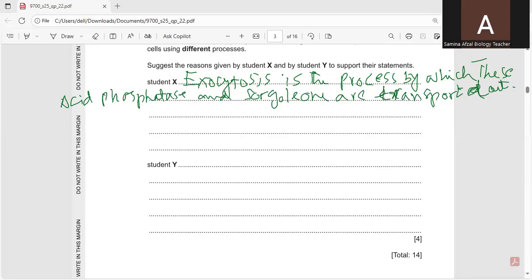The lipid, complexed with the protein, is packed into vesicles at the Golgi body. Both of them are packed.